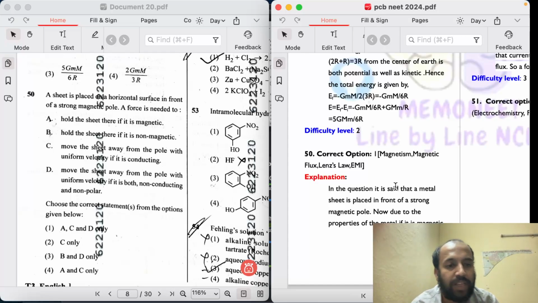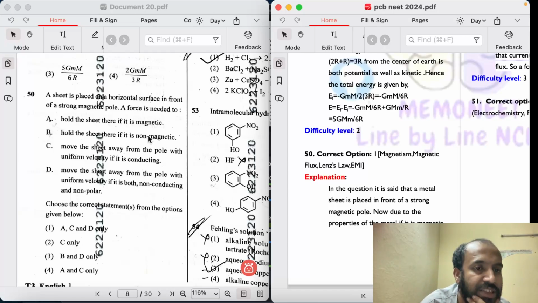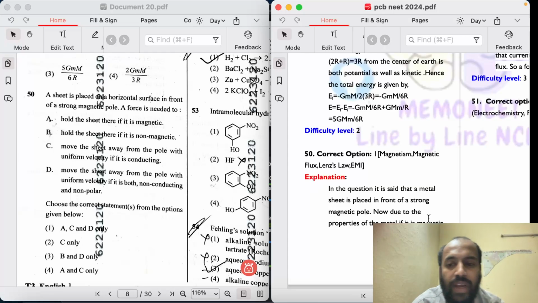Now hold the sheet there if it is non-magnetic. In case it is not magnetic, it won't be able to hold that sheet, because it is basically in front of a horizontal surface of strong magnetic pole. Now move the sheet away from the pole with uniform velocity if it is conducting. Okay, so this is actually a metal sheet which is placed in front of a strong magnetic field.